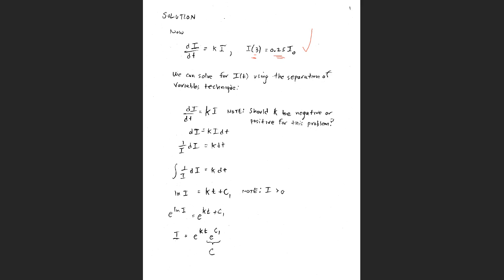Okay, so we can solve for this intensity using the separation of variables technique. Now, you've learned multiple techniques for solving linear differential equations. You've learned the separation of variables technique. You've learned the integrating factor technique. Well, I guess those are the main two, right?